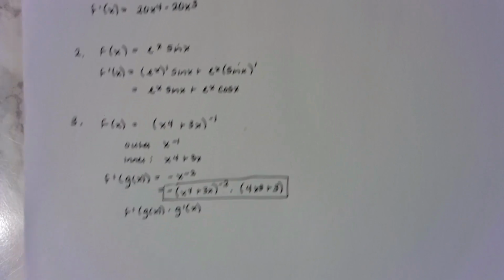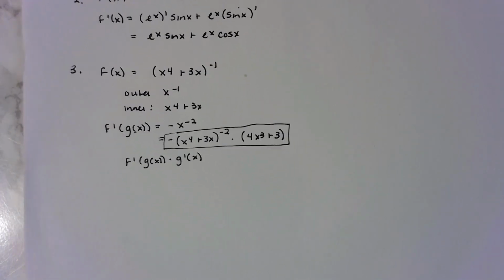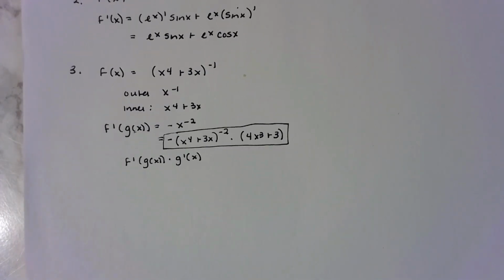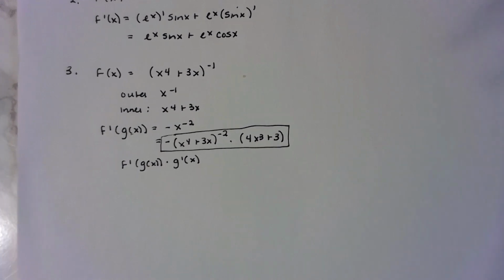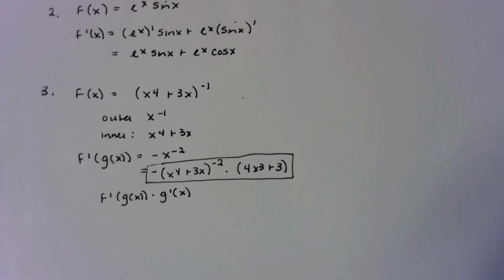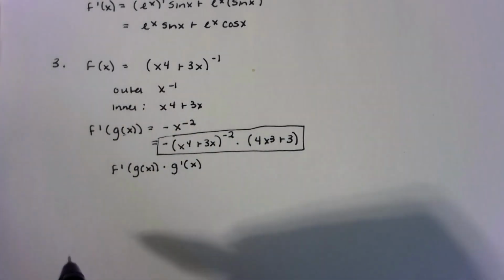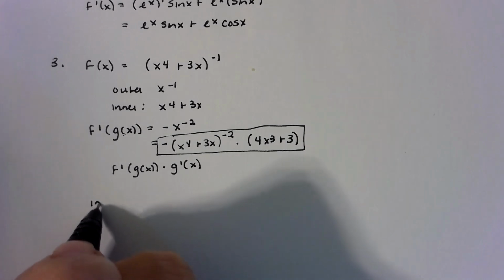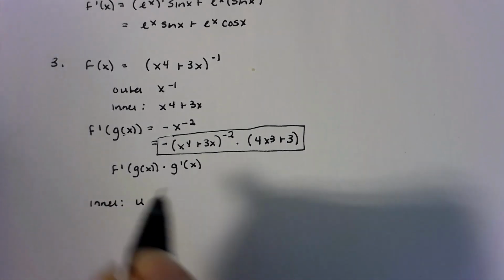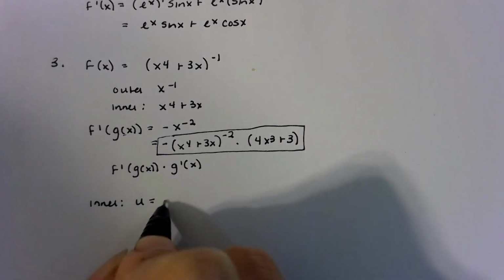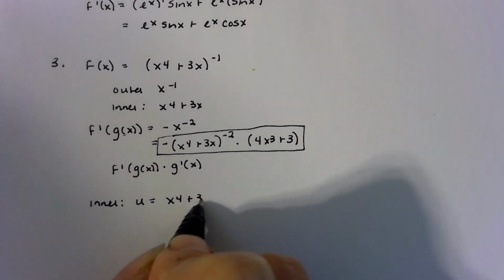The other thing you can do, which I rarely teach this way, but maybe it would be helpful to some of you who are having some difficulty, is I'm going to do this one again. You can let the inner function be u. So u equals x to the 4th plus 3x.